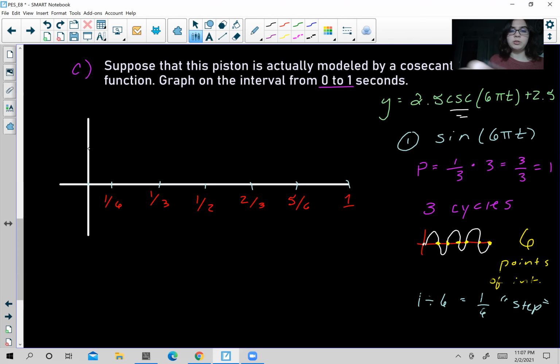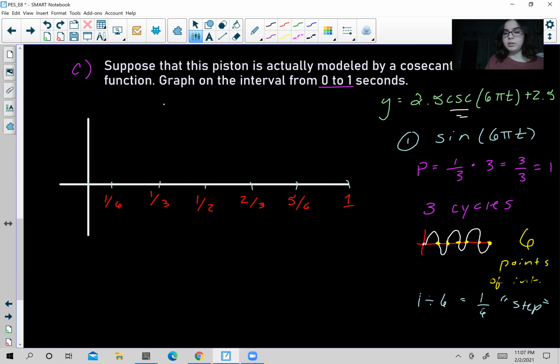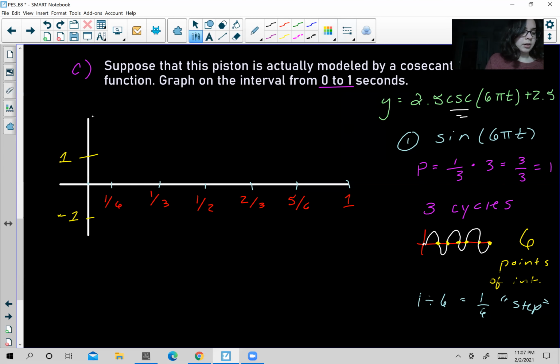And the next thing we want to do is label our y-axis, which we just do with amplitude. As of right now, it has an amplitude of 1. So 1 and -1. And the midline is 0, so it's just the x-axis. Okay, and so we're going to do this in blue. Do this best I can. All right, 3rd time's the charm.